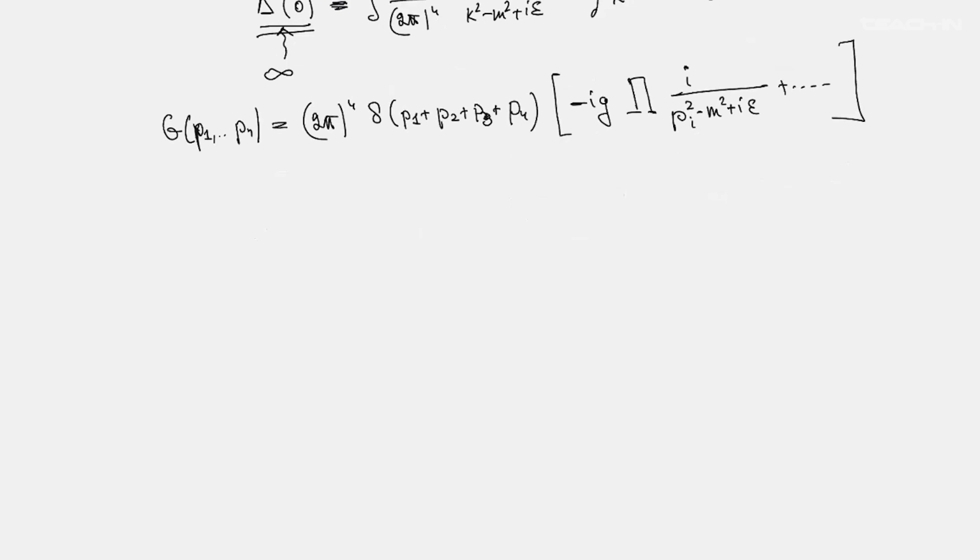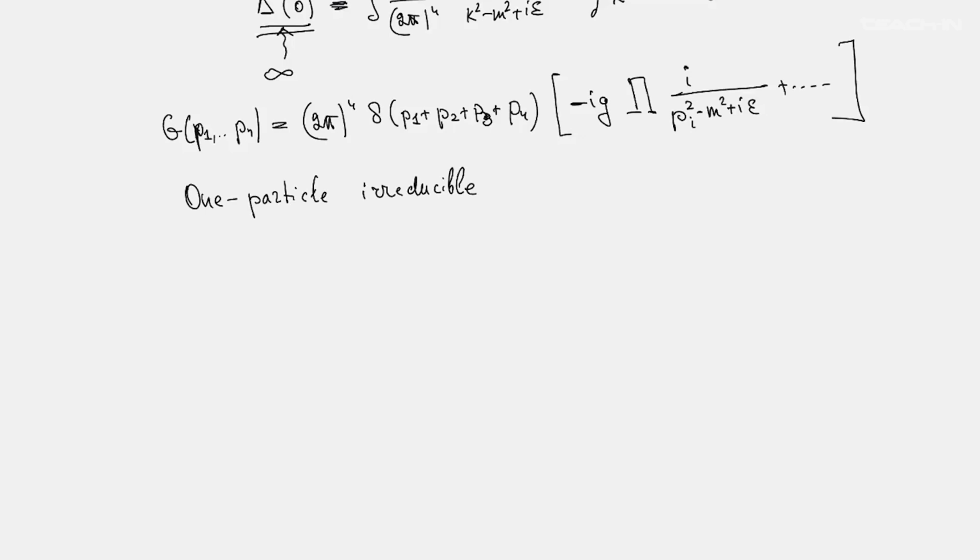And now I will make a further reduction from the class of connected diagrams, connected Green's functions, to the class of the so-called one-particle irreducible diagrams. So one-particle irreducible graphs or diagrams, whatever you call them.